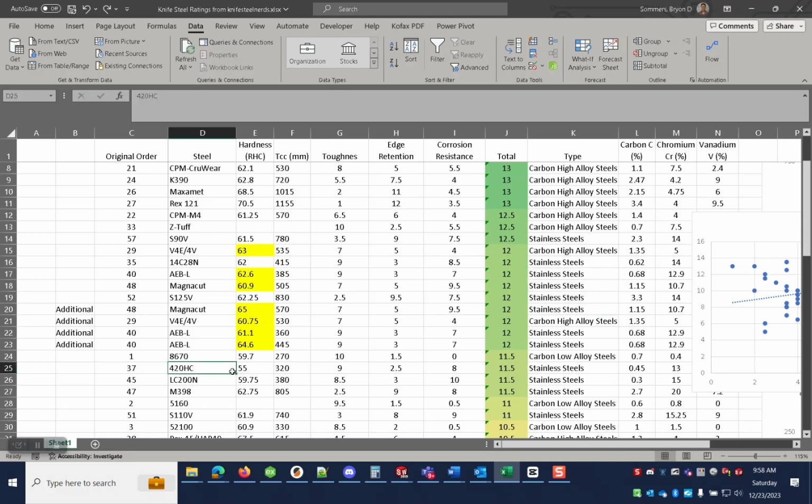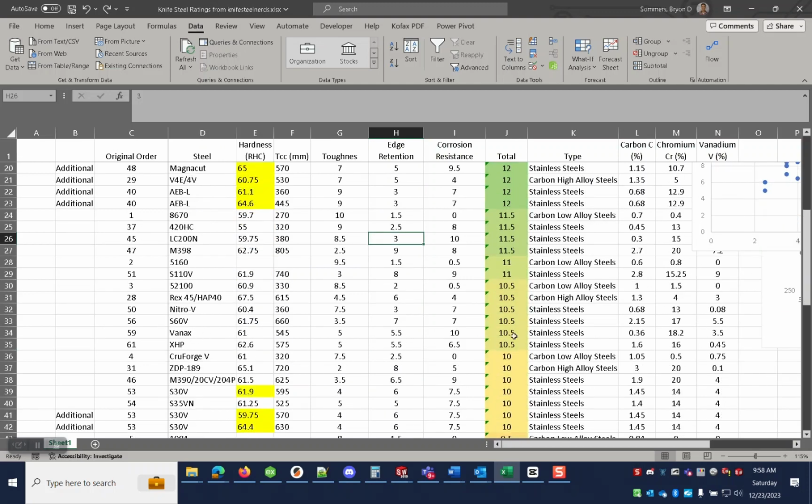I still don't get how 420HC is so high in there. I guess because it's gotten super tough, super corrosion resistant, although we're not even looking at corrosion right now, but yeah. Then LC200N is down lower.